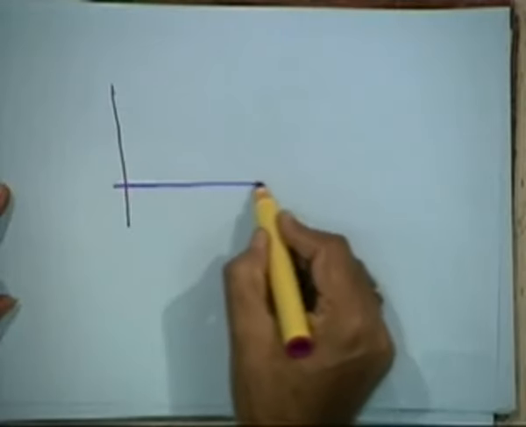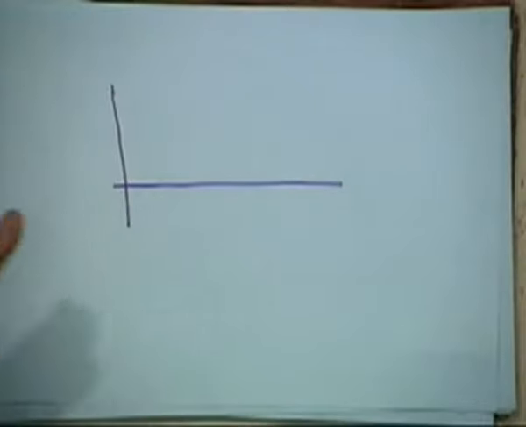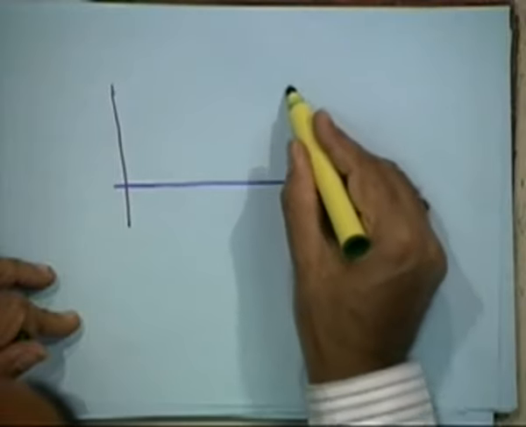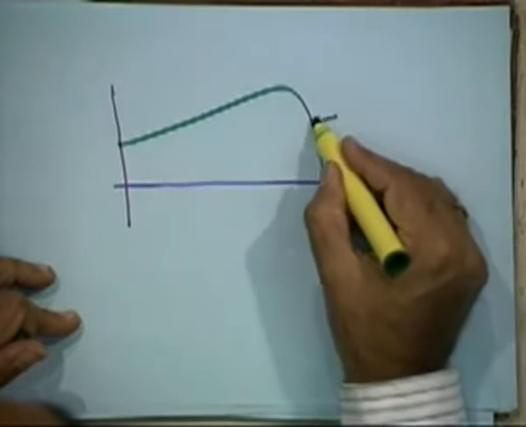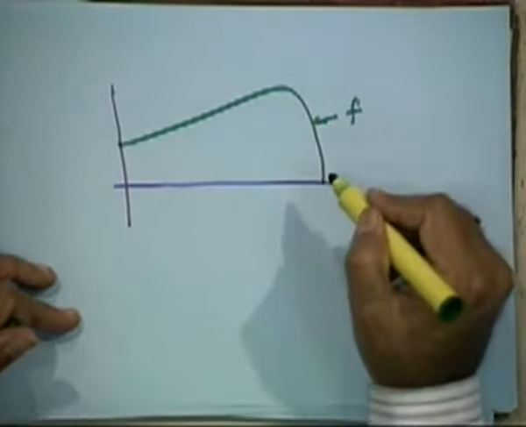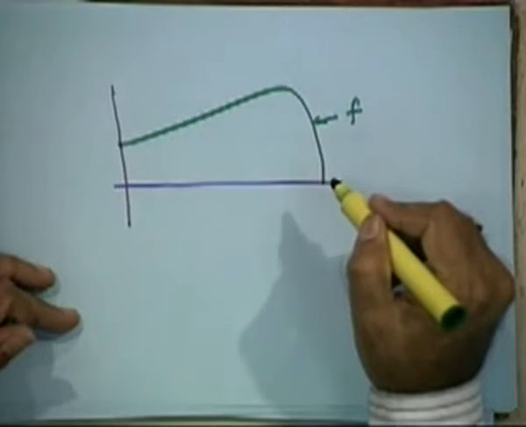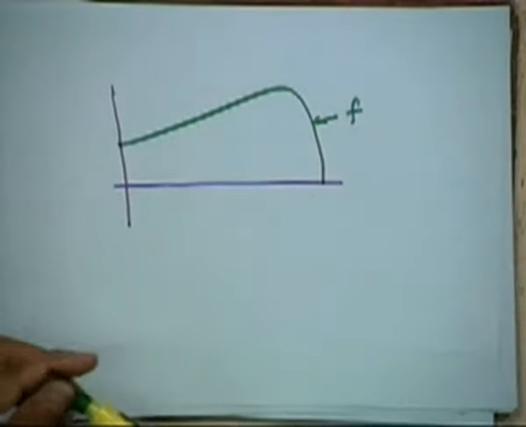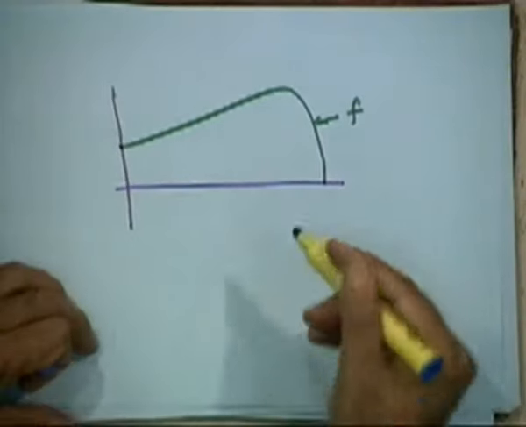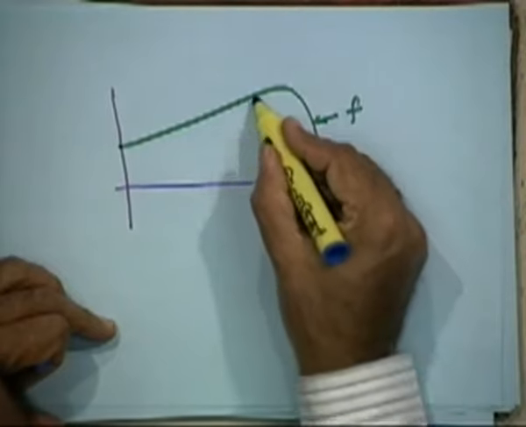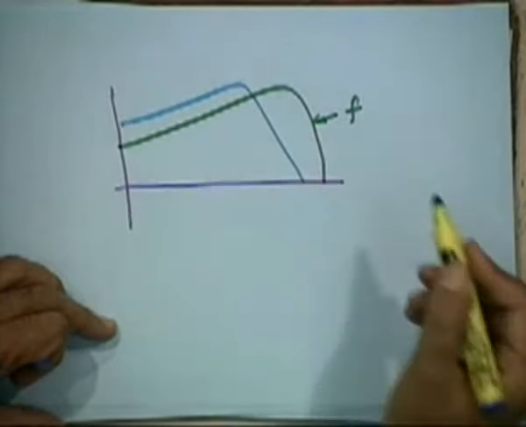To understand this, you can use the same torque speed characteristic as follows. So this is the nominal F, the frequency. If you reduce the frequency at constant flux, then it will follow some other curve.